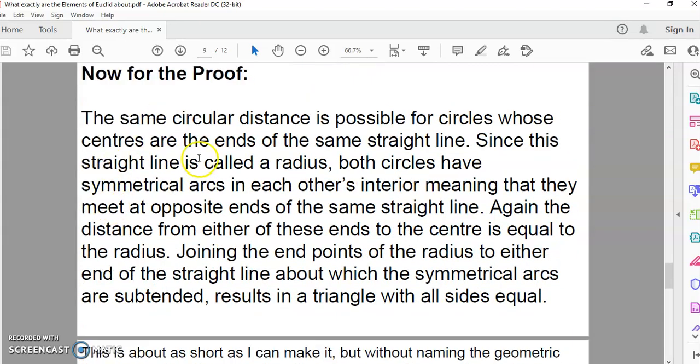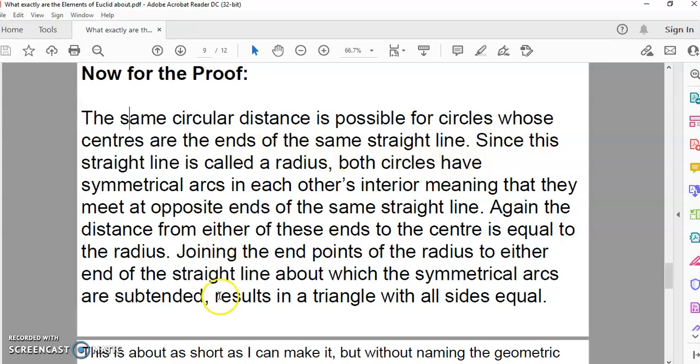So now the proof, and in this proof here, I'm going to use words like circular, and I want to warn you that if we hadn't used define circle in the 5 requirements, this would be a whole lot harder to explain. So it says that the same circular distance is possible for circles whose centers are the ends of the same straight line.